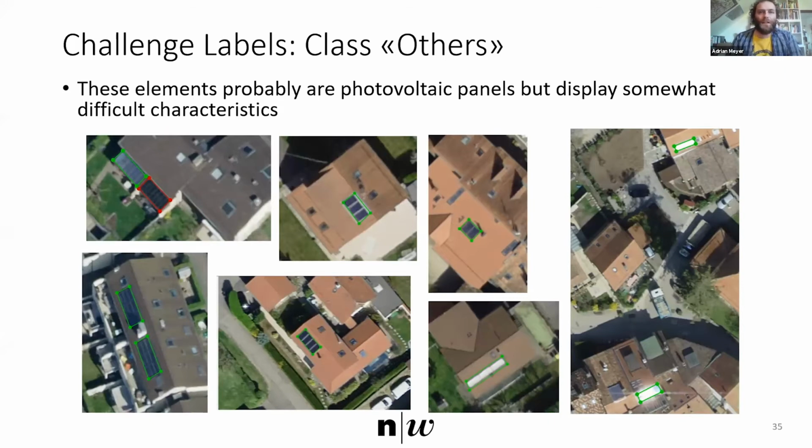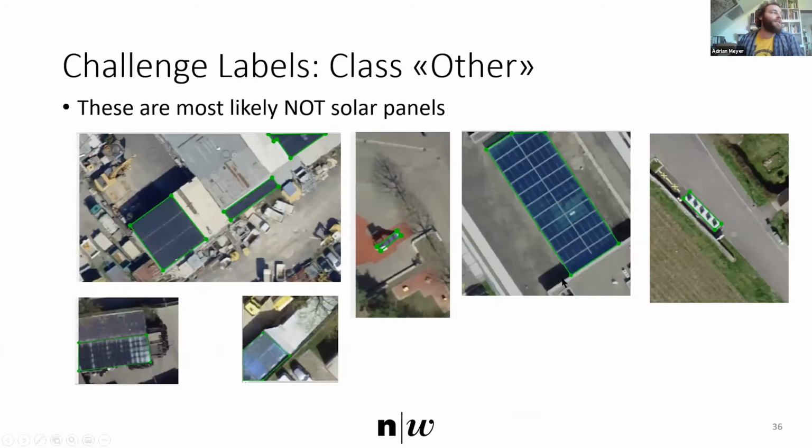Especially the ones in the class other are interesting and somewhat difficult. You can see there are some panels that are clearly rightly labeled as such, but because of glare effects and reflection, they look completely different than other panels. And then here are some other installations that are most likely not solar panels.